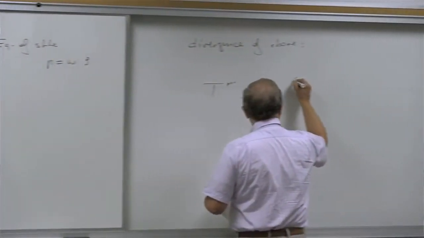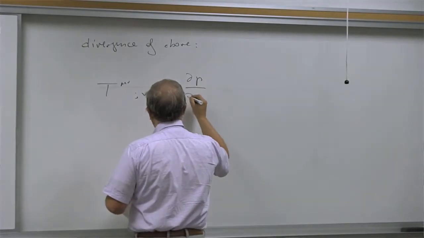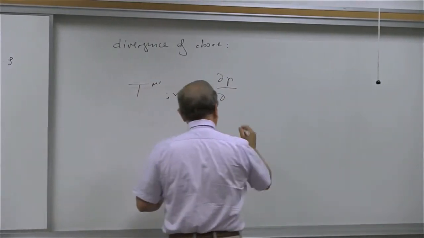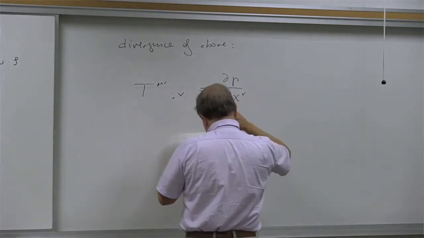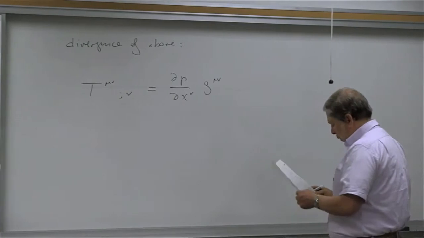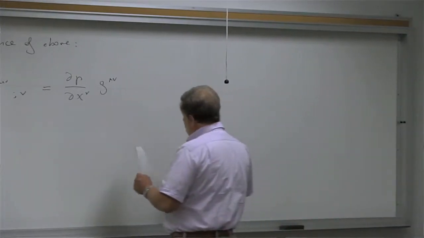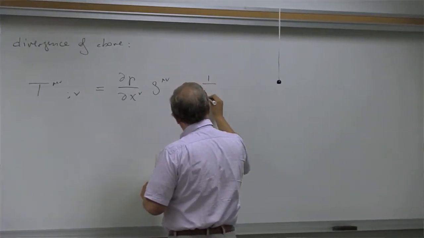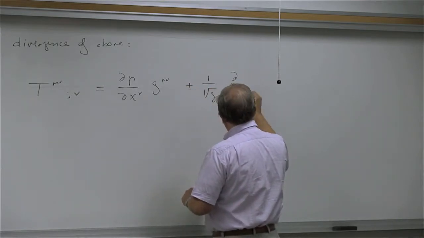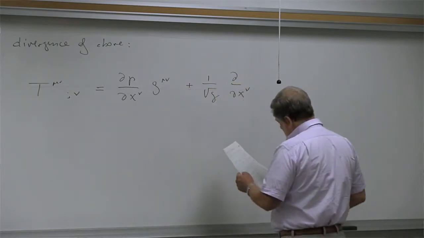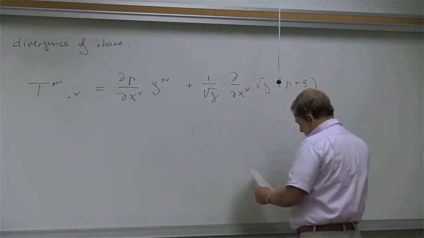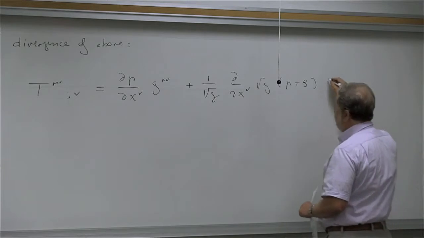So we get the derivative of the pressure with respect to the only index that's left over, this mu index, so d by dx nu times g mu nu, right? And then plus 1 over square root of g times the derivative with respect to x nu of square root of g times (p plus rho) u mu u nu.